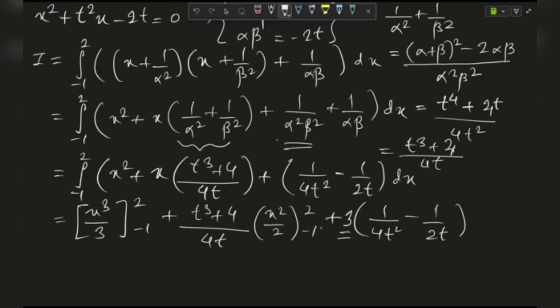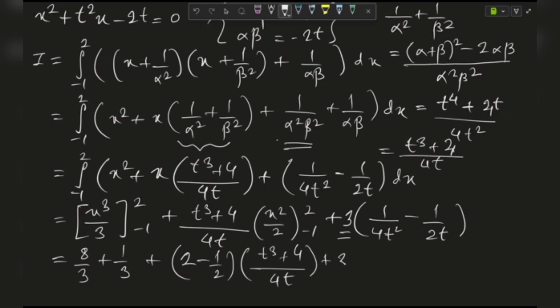I wrote this directly. So now if we calculate this part, this will become 2 to the 3, which is 8 by 3, and minus minus plus 1 by 3, plus this is 2 squared by 2, which is 2, and minus half, and this is (t cube plus 4) by 4t plus 3 times (1 by 4t squared minus 1 by 2t).